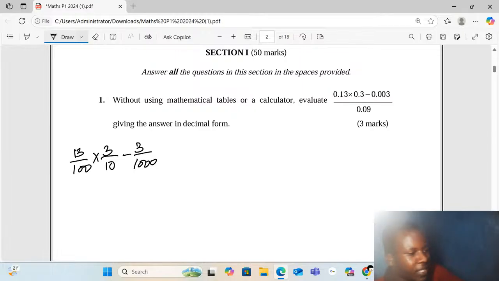That is the numerator. Then we divide by the denominator, and in fraction we shall have 9 over 100.